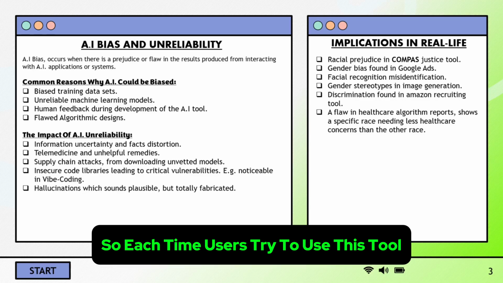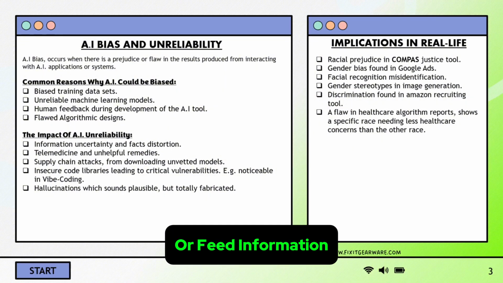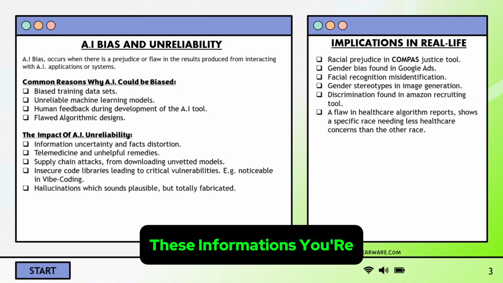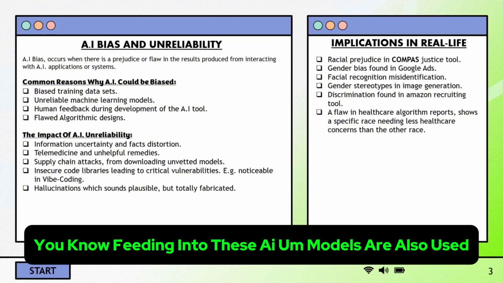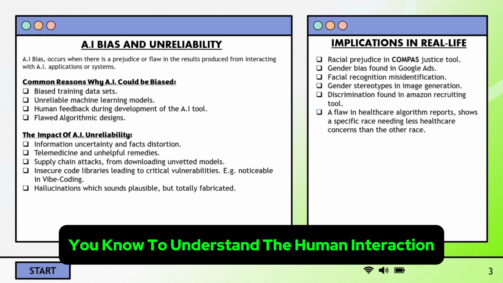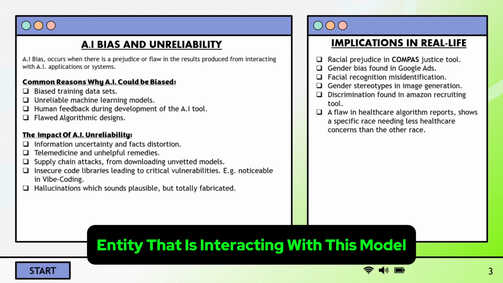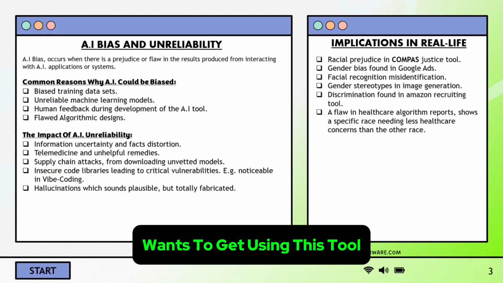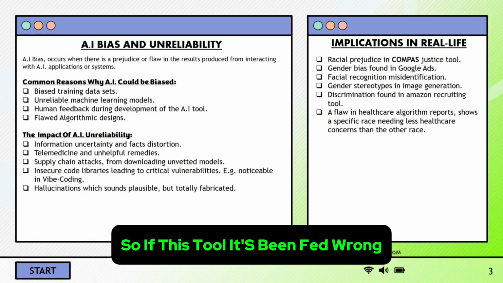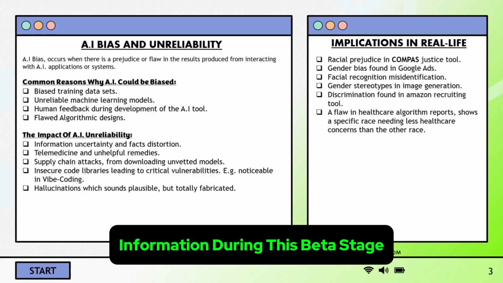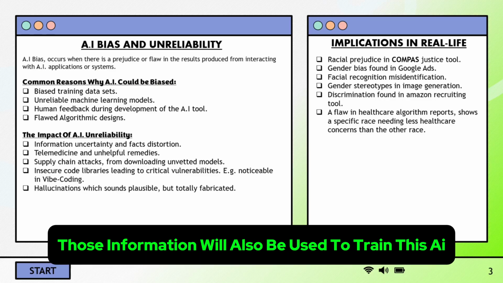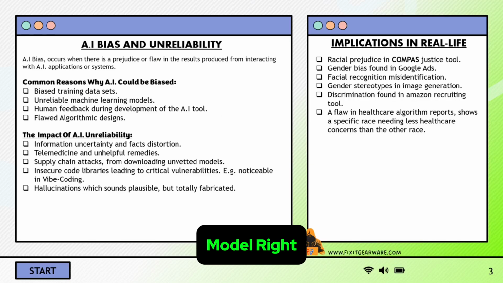Each time users try to use this tool or feed information, the information you're feeding into these AI models is also used to understand the human interaction, or the information that the human interacting with this model wants to get using this tool. So if this tool has been fed wrong information during this beta stage, that information will also be used to train this AI model.